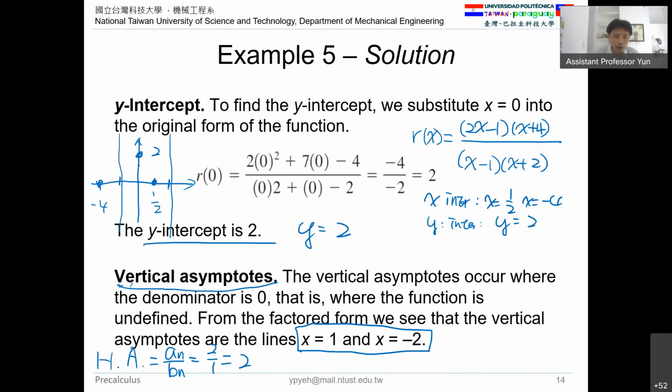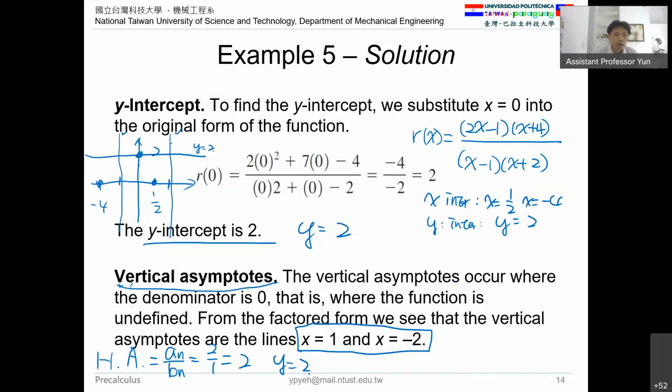Okay, so then the horizontal asymptote will be at y equal to 2 in this case. So you can see that it will be from here. Okay, so that's the 2 vertical asymptotes and the 1 horizontal asymptote.